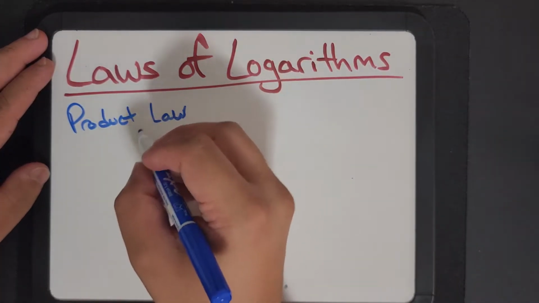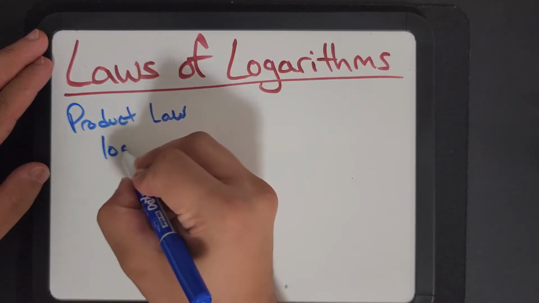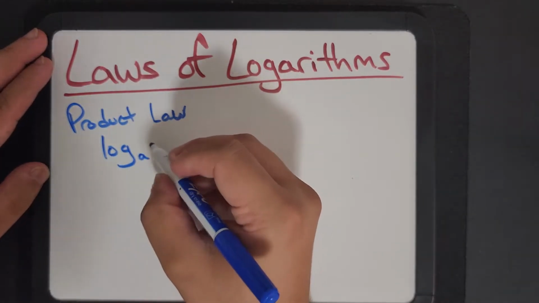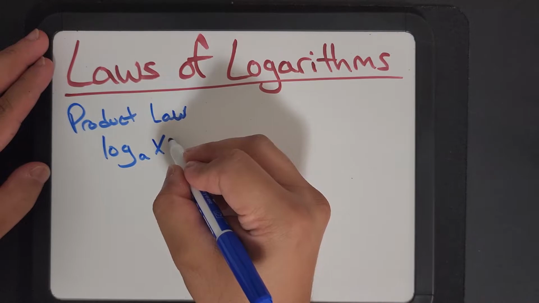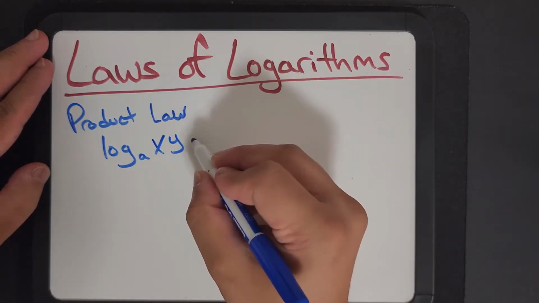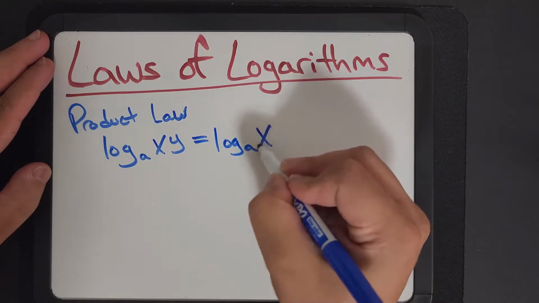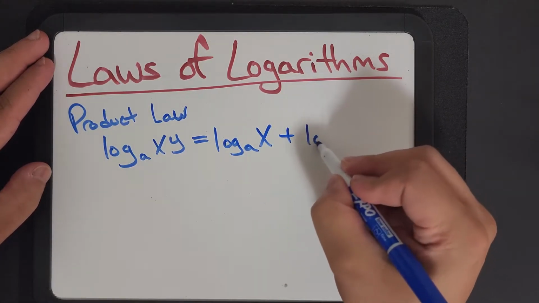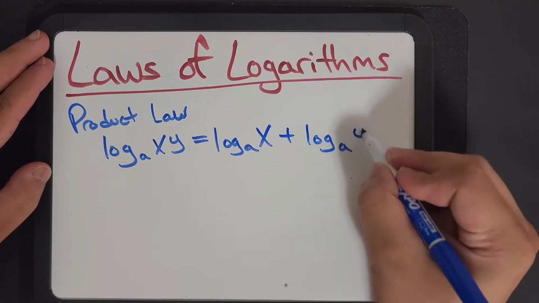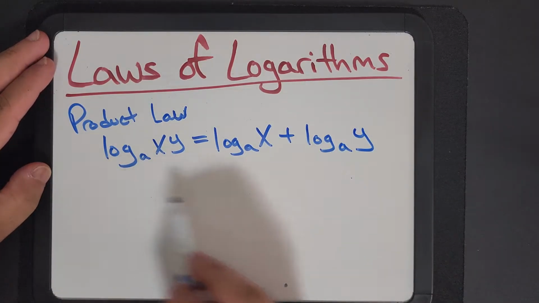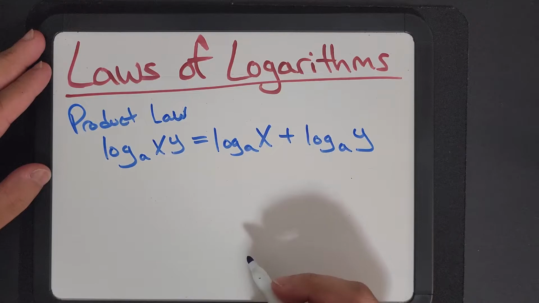which basically states that if you have a log with a base a and you have x times y, that is the same as saying log base a of x plus log base a of y. So this is an identity.